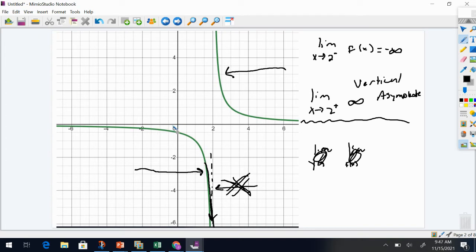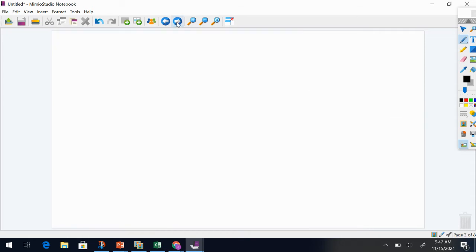If it's asking about this from the left, where's it going? It's going to negative infinity, and here it's going to positive infinity. You've got to make sure you're paying attention to what it's asking you. There's a couple problems on the homework where I'll explain that a little bit better.